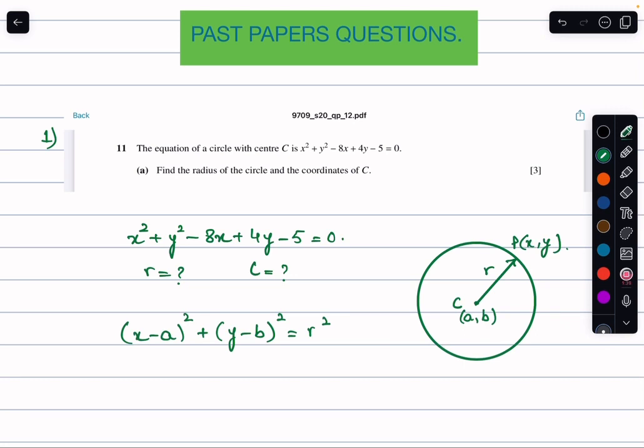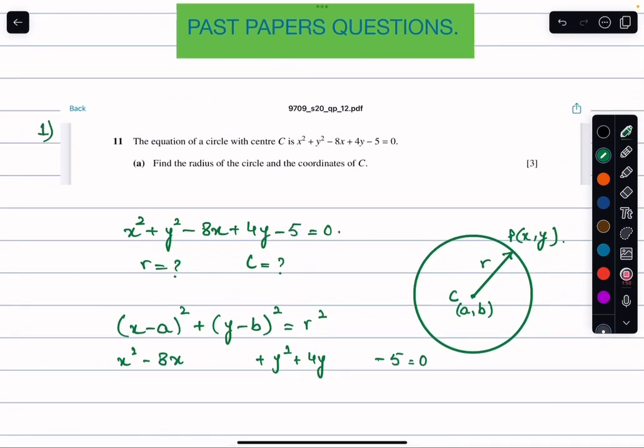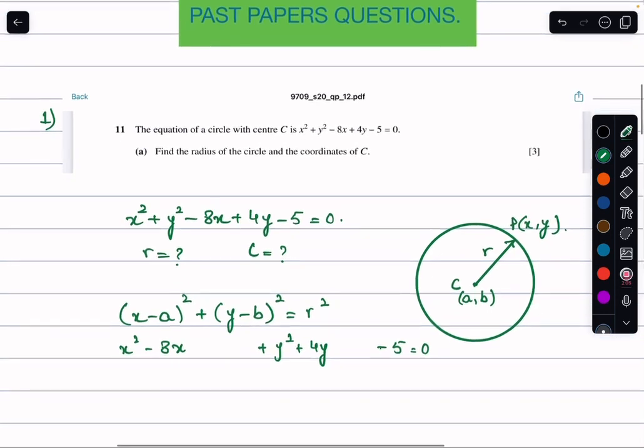So the equation that is given to us, if I bring it to the form x squared minus 8x plus y squared plus 4y minus 5, which is equal to 0. I have left some space because I know that I have to bring it to the form of x minus a the whole squared and y minus b the whole squared to get the central coordinates of the circle.